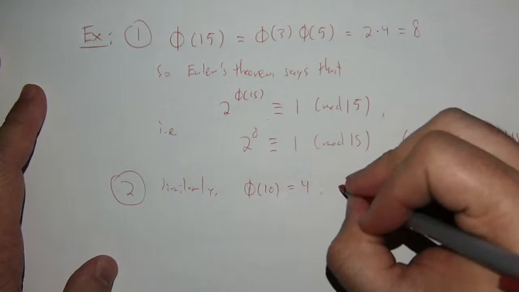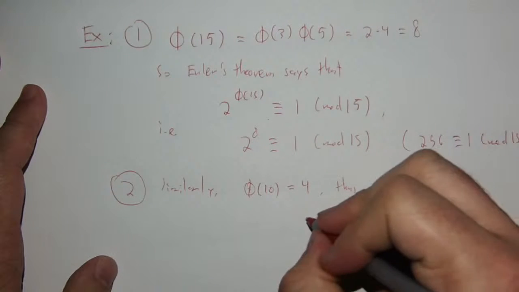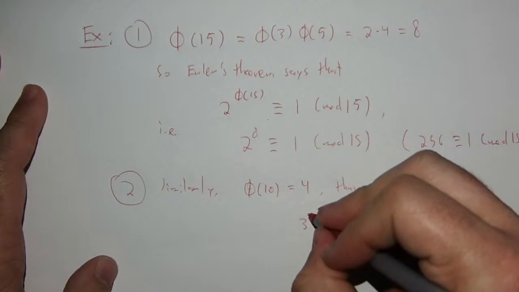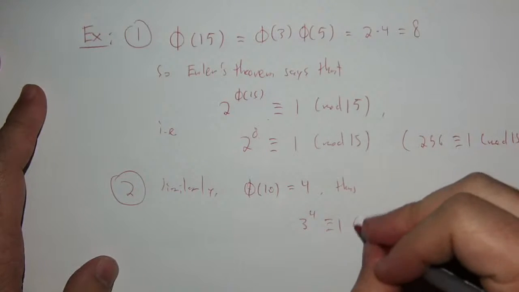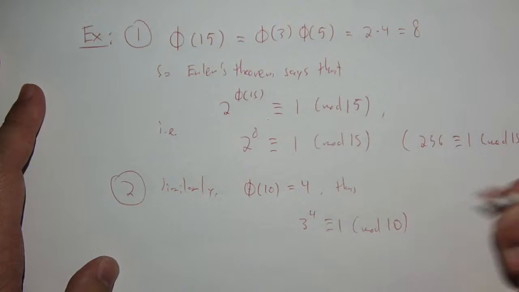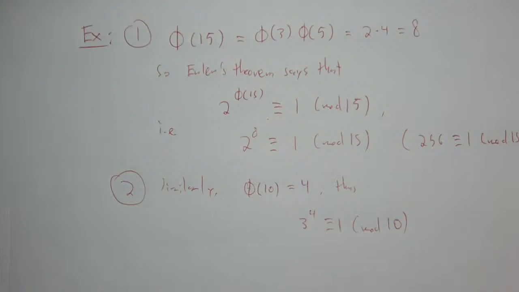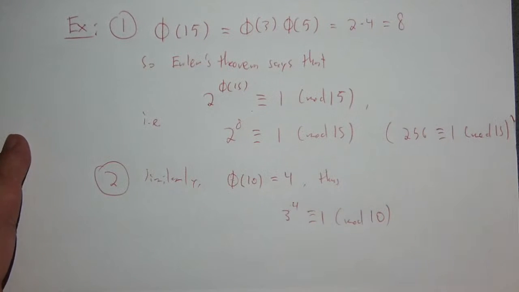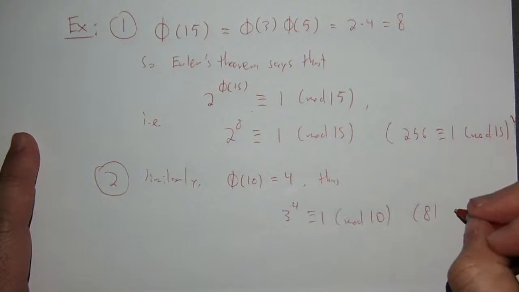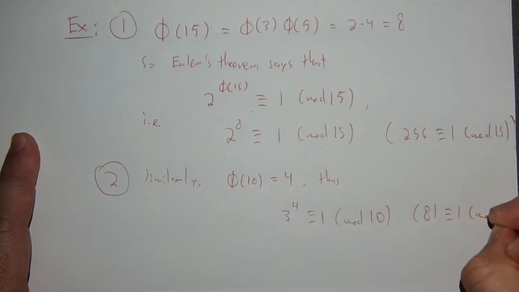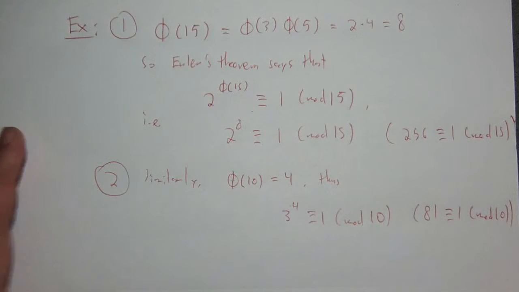Thus 3 to the 4 is congruent to 1 mod 10 by Euler's theorem. Of course, this is true because 3 to the 4th is 81.